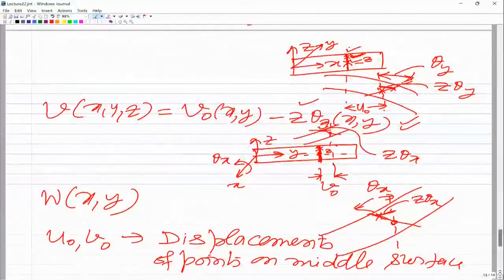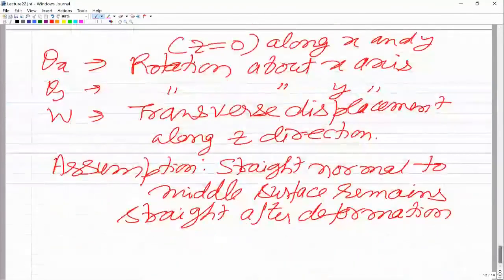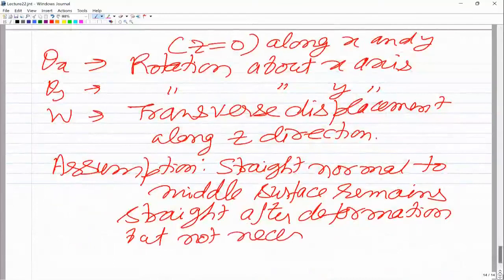It doesn't get curved. If it gets curved, then this approximation of u and v along z would not be just linear in z, but it would have quadratic and cubic terms and so on. So that's the main assumption we are making, that the straight normal to the middle surface remains straight after deformation, but not necessarily normal. In a specific situation it could be, but not necessarily.